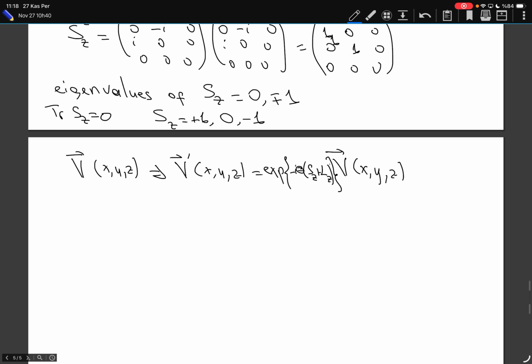So just applying Lz is not enough. I have to do some additional thing in order to rotate this vector. That extra factor is what we call the spin.